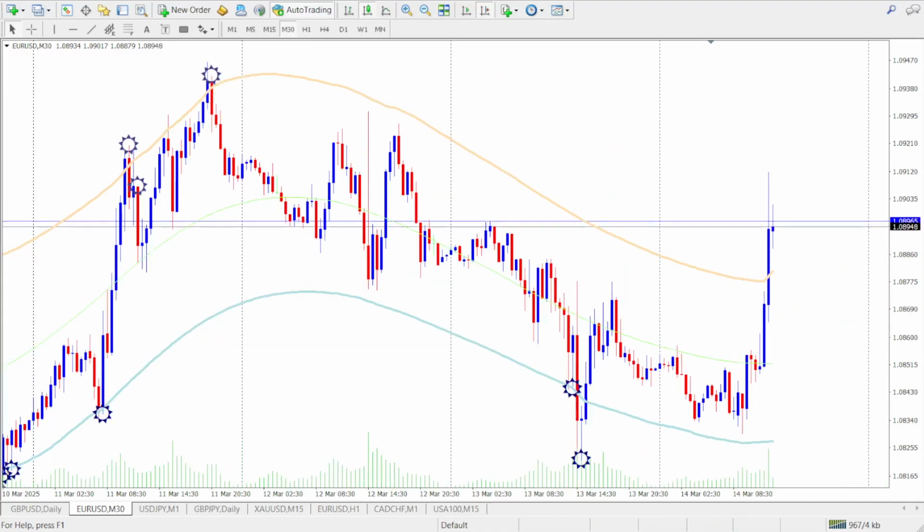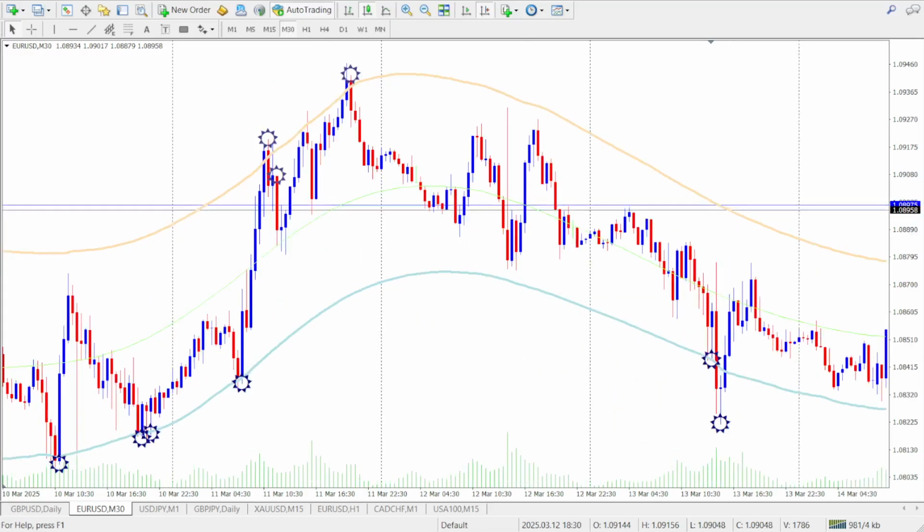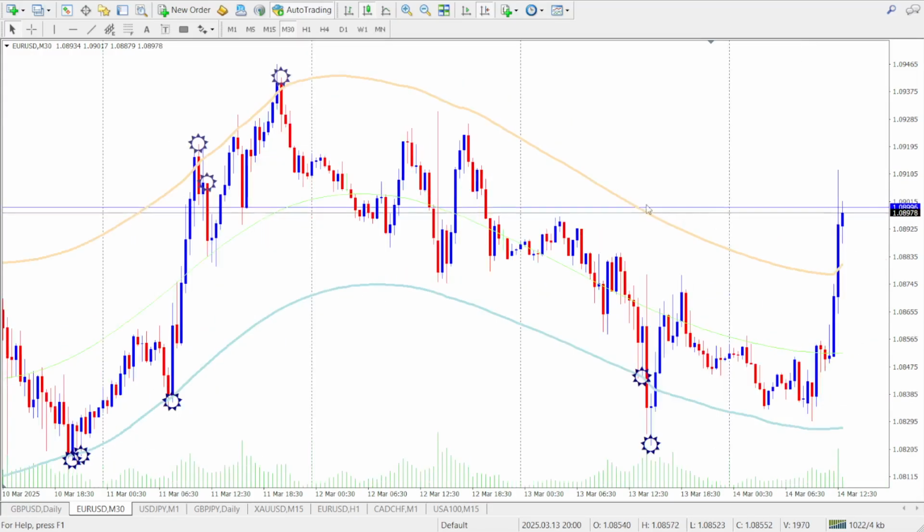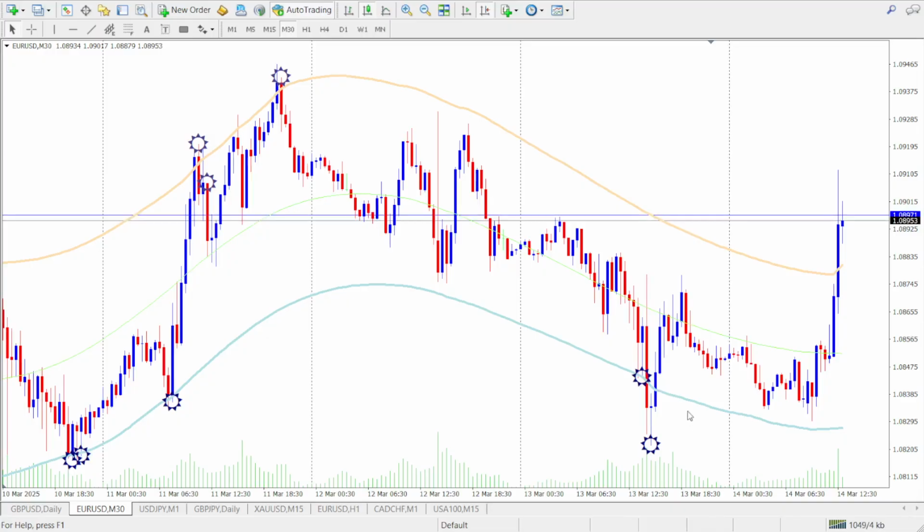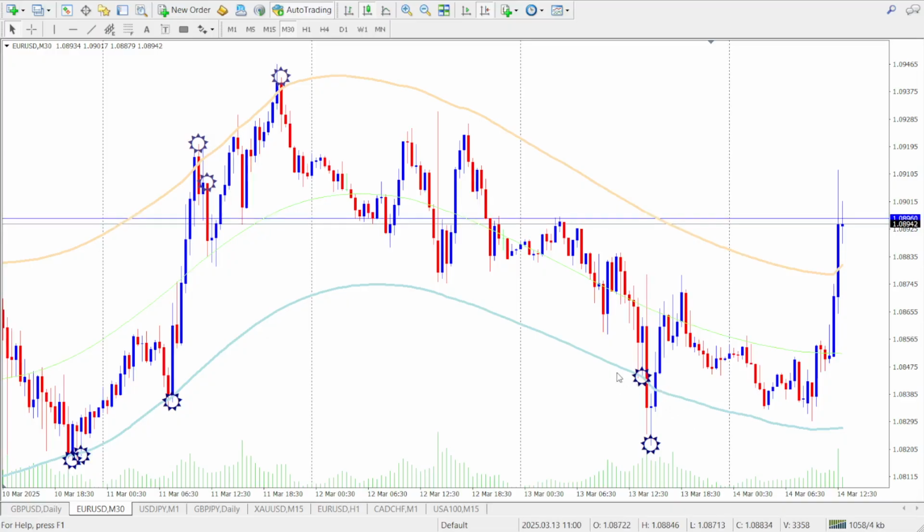So, how exactly does this indicator help you make better trading decisions? One is trend exhaustion zones. The upper band represents an area where the price is considered overbought, meaning that sellers might step in, right? Then the lower band represents an oversold zone where buyers might take control.